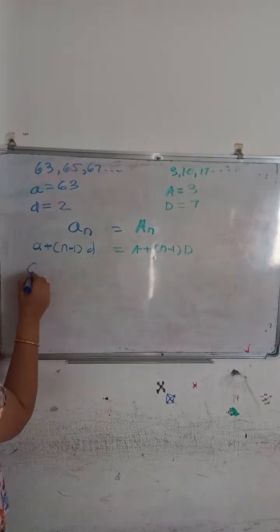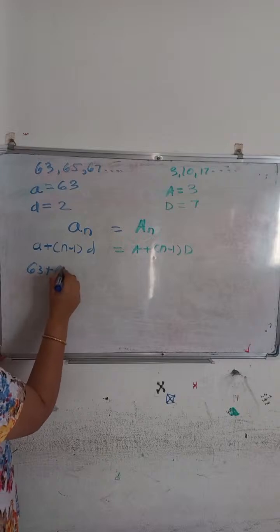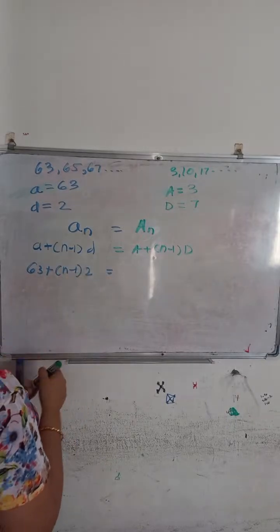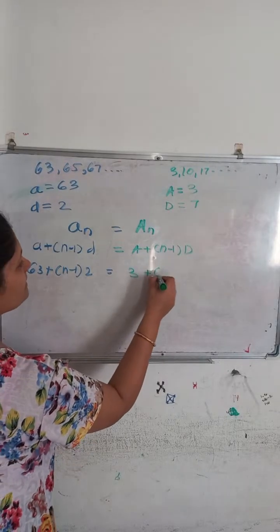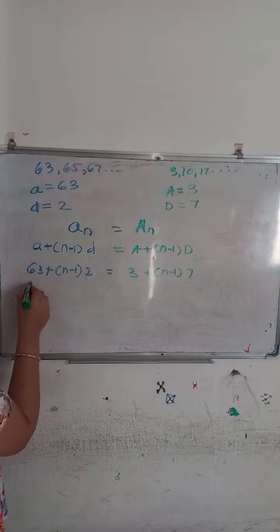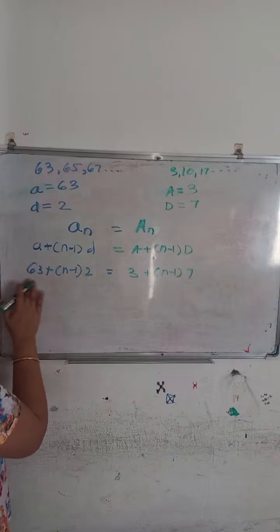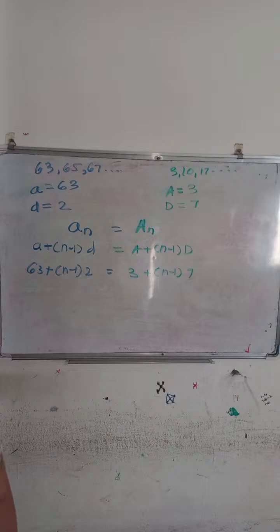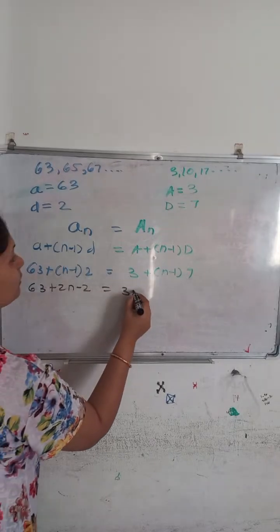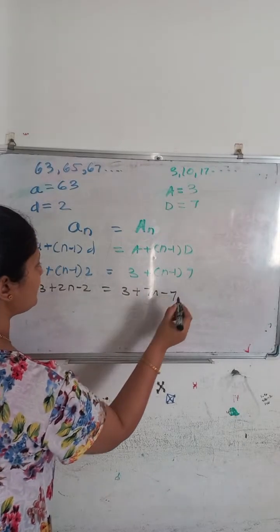So a is here 63, n we have to find out, and d is 2. Then we can write here A as 3 plus n minus 1, and D is 7. Now you can simplify and find out the value for n. So 63 plus 2 times n minus 2 is equal to 3 plus 7n minus 7.